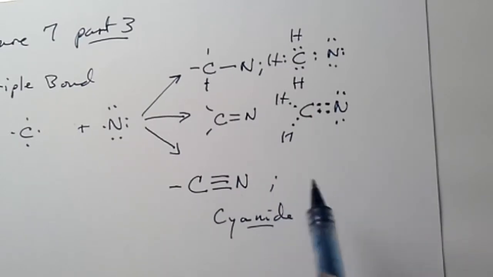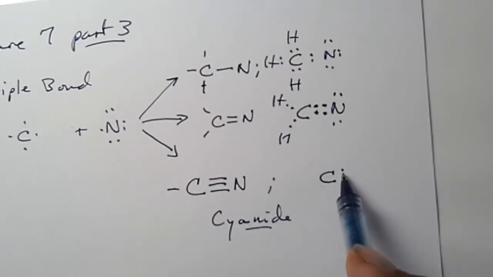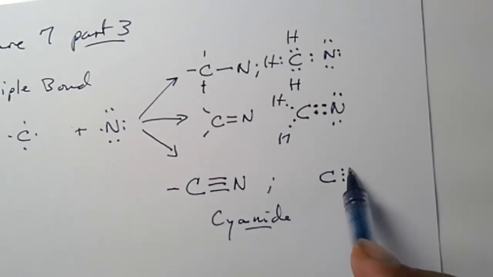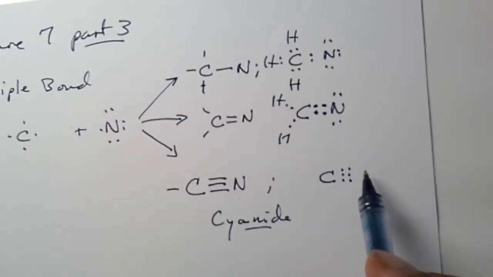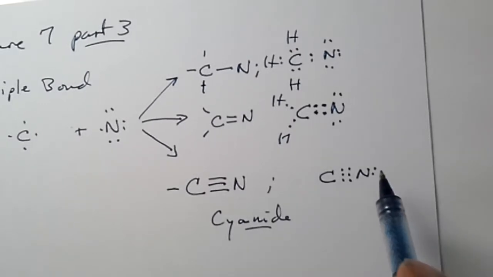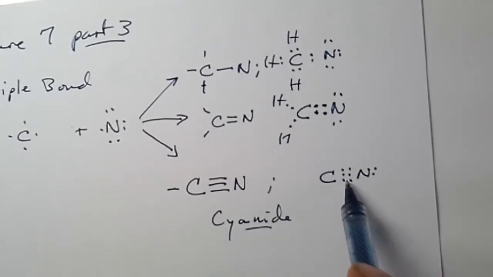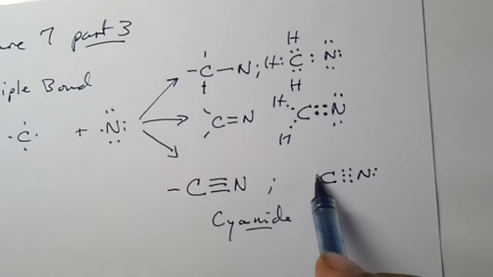And in its Lewis structure, you have 2, 4, 6 electrons being shared between carbon and nitrogen. And nitrogen has 2 more left, 6 plus 2 more on your carbon.